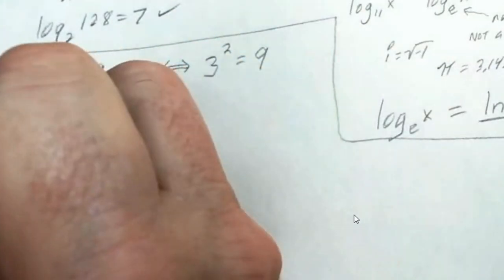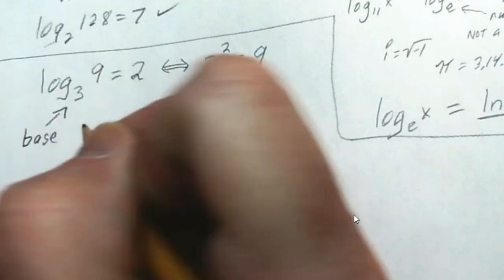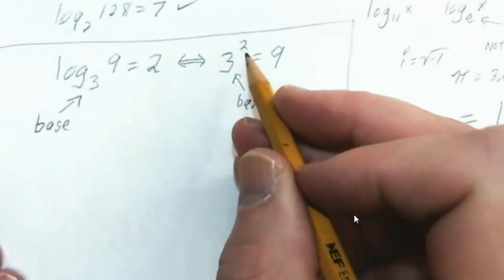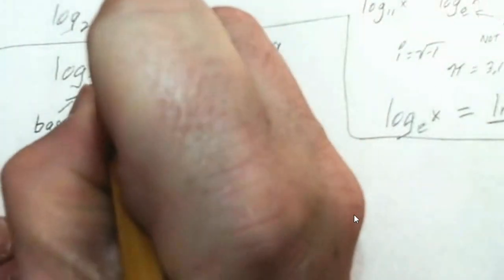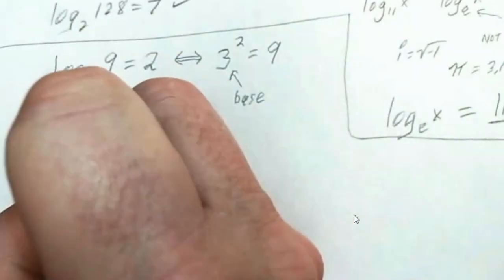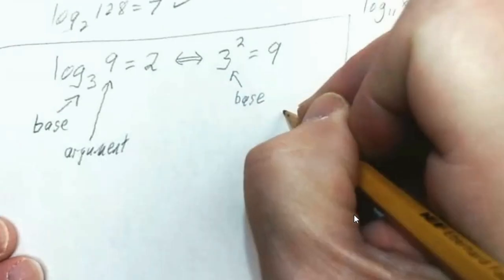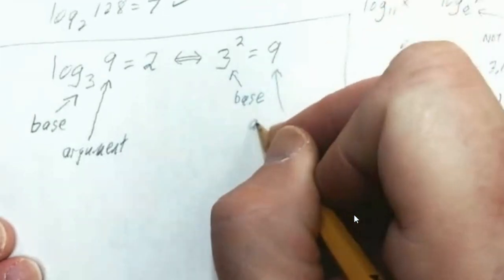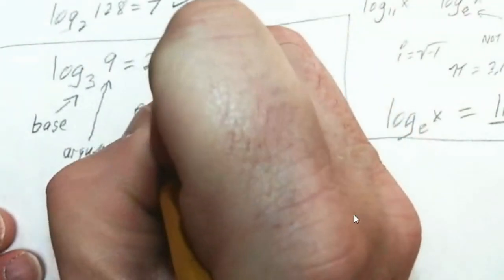So this is called the base, just like this is called the base. All right, that's the base of our exponent. This is the base of our logarithm. This is called the argument, just like this is called the argument. And this is called our exponent.